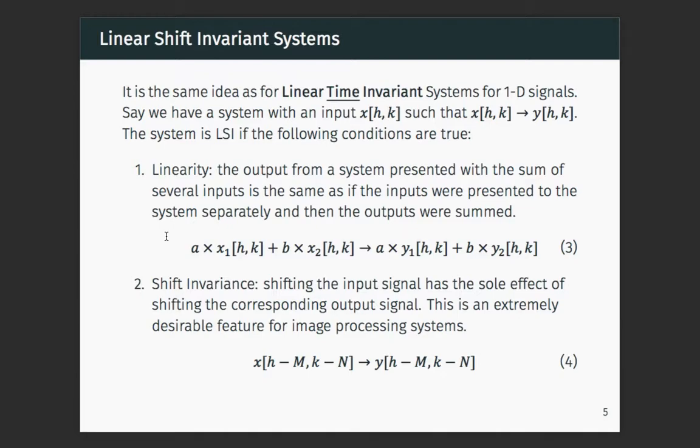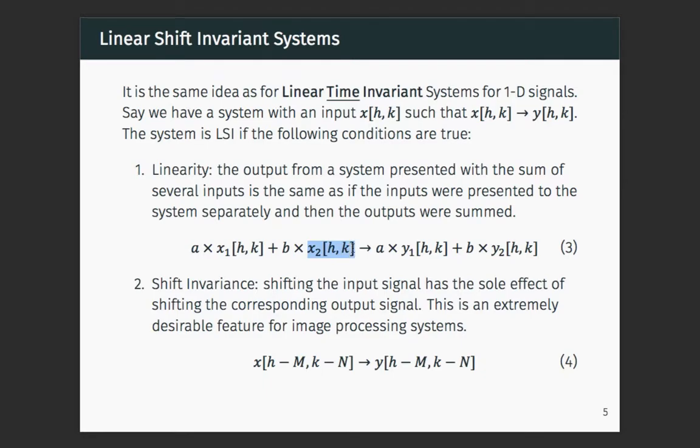So similarly, all that is just an extension of what you've seen to 2D. So the first aspect is the linearity. So the output of your system should be linear. So let's say your inputs, we're looking at discrete systems here. If you say you have two inputs, two signals, x1 and x2, okay, so basically two pictures.